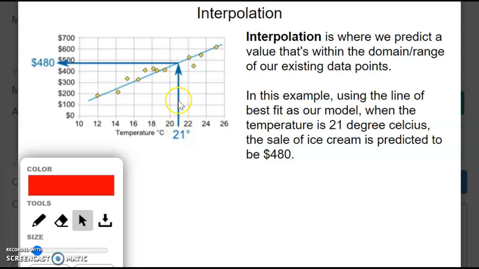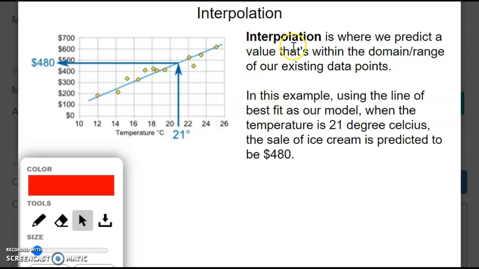How much do you think will be the sales that we can predict? Even though we don't have any days that recorded 21 degrees as the temperature at noon, we can use the line to predict that if it was 21 degrees, we can expect to sell approximately $480.